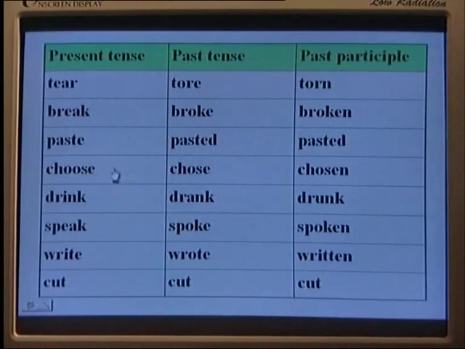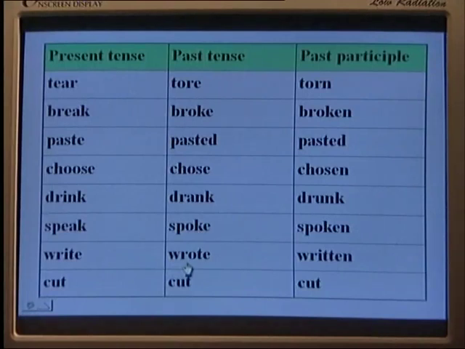Choose, chose, chosen. Drink, drank, drunk. Speak, spoke, spoken. Write, present form.